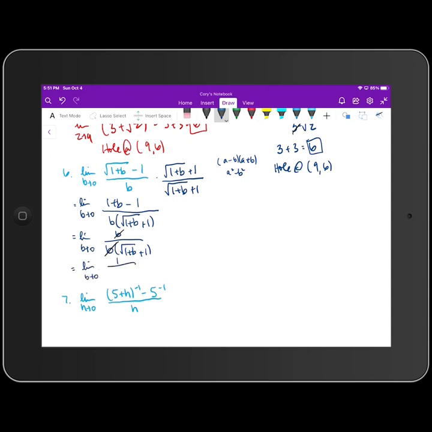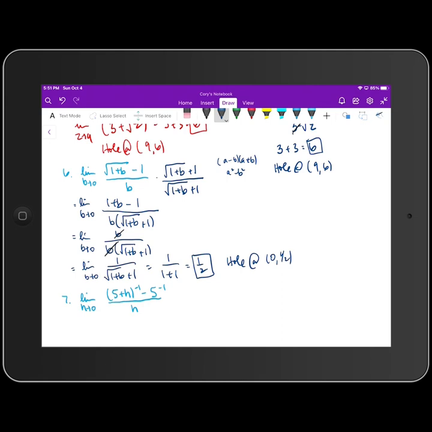So this becomes 1 over rad 1 plus b plus 1. When we plug 0 in the place of b, we get 1 over 1 plus 1, which is 1/2. That is the value of our limit, and this limit tells us that there is going to be a hole at the point (0, 1/2).